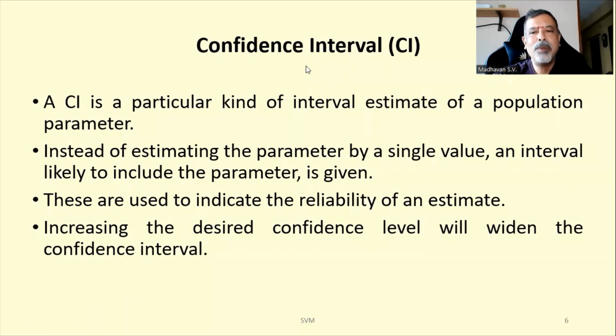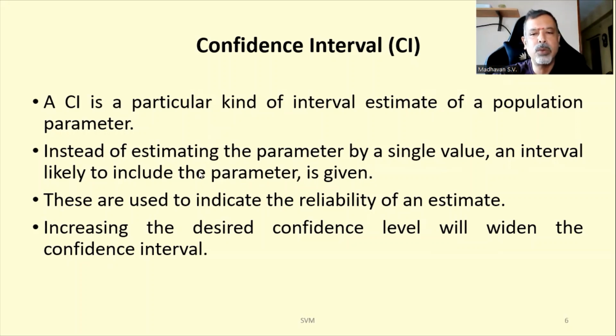A confidence interval is a particular kind of interval estimate of a population parameter. Instead of estimating the parameter by a single value, as we do in point estimation, here we find an interval in which the population parameter is likely to fall.